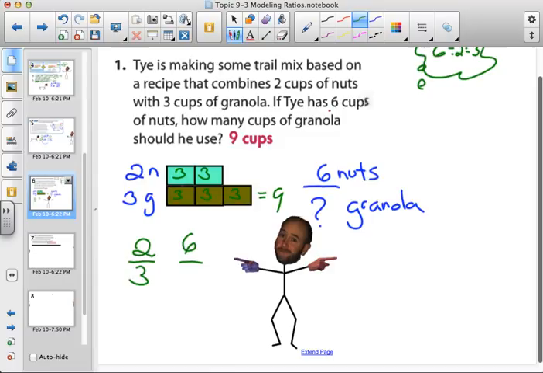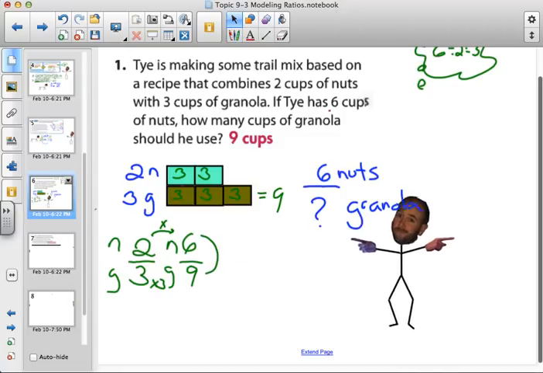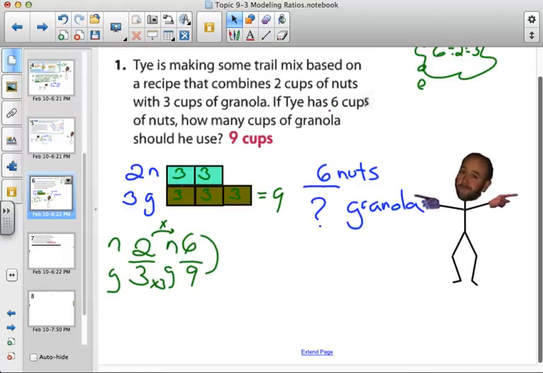Now remember, you have to keep your units the same on top and bottom, and then we know that 2 times 3 equals 6, so 3 times 3 equals 9. So now we have plenty of both nuts and granola to make a delicious treat.